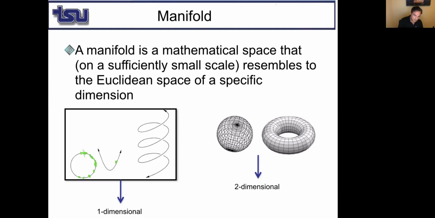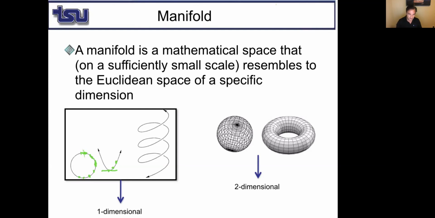Similarly, if you take any point here and zoom in as much as possible, that point will look like a what? A line to you. So basically, a circle, this one, or any other curve is a one-dimensional manifold, because in a sufficiently small scale, they look like a line.